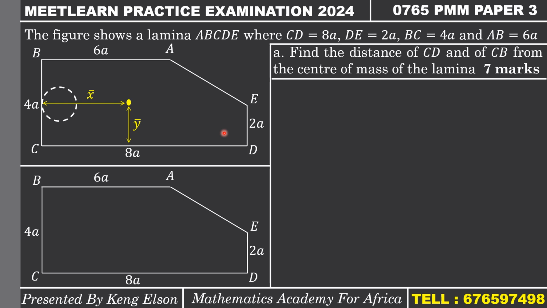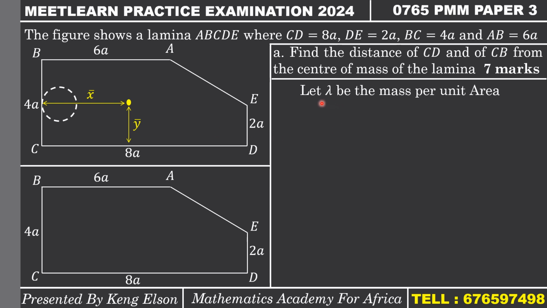Knowing that moment is weight times perpendicular distance, and the weight is the mass times acceleration due to gravity, but this lamina has no given mass, we don't know the mass of the lamina. So we are going to introduce a constant, which we call the mass per unit area, because we can find the area of the lamina and of any portion of the lamina that we consider.